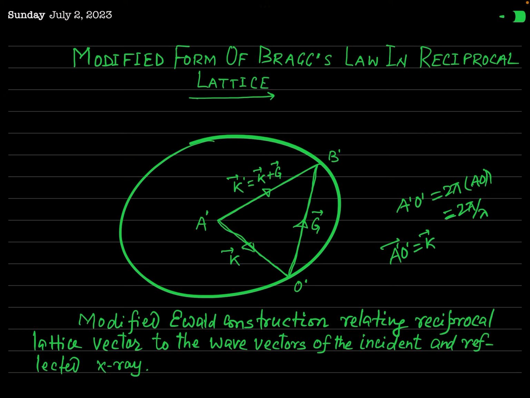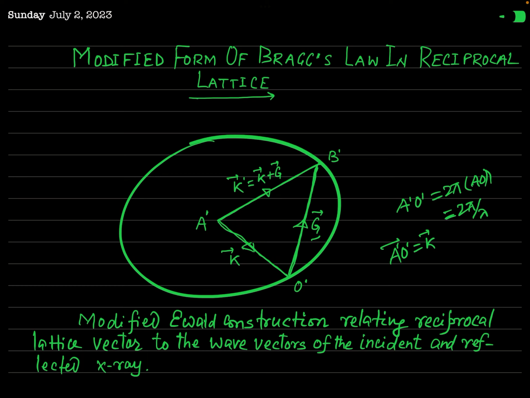Now the vector O prime B prime. This is the reciprocal lattice vector, as you know, and I have denoted this vector O prime B prime by the symbol G, which actually represents the reciprocal lattice vector. Okay. Now, as you know, the diffraction will occur only when the point B dashed must be on this Ewald sphere.